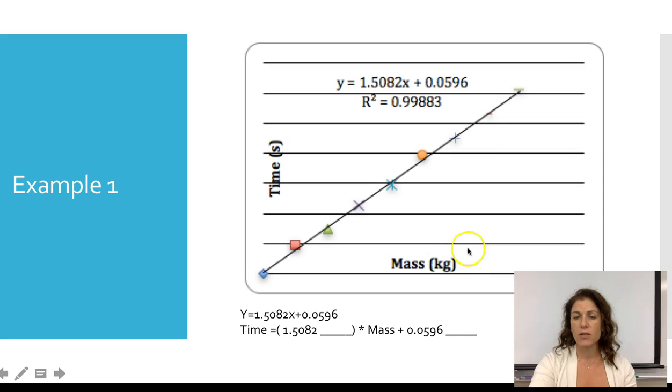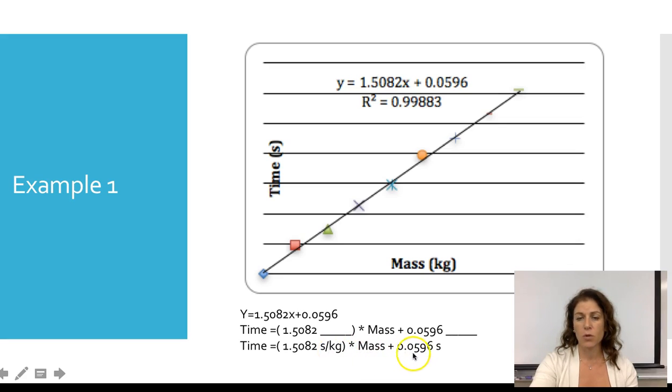The units of mass are kilograms, so we're going to divide by kilograms. The second term here does not have any mass next to it, so it does not need to be divided by anything. So in the end, you look at this: time equals 1.5082 seconds divided by kilograms times the mass plus 0.0596 and just seconds.